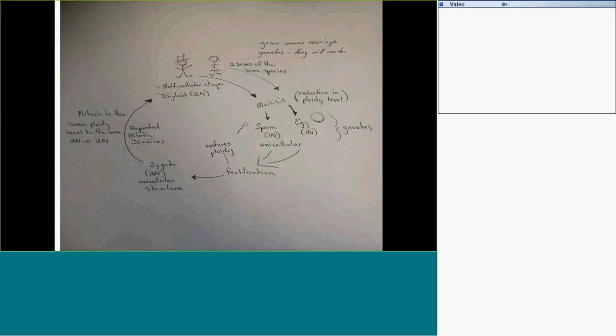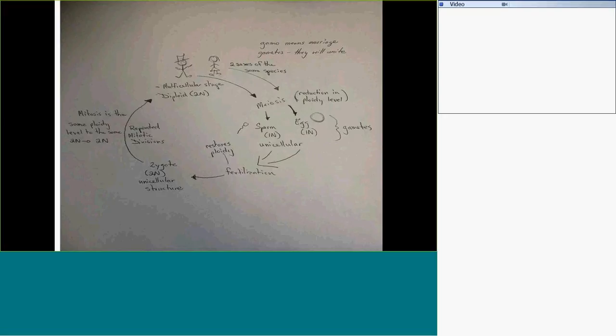Two sexes of the same species shown here through meiosis coming together at fertilization to form a zygote, which would then be 2N, or what we would call diploid. We're going from haploid back to the diploid state, which is two sets of chromosomes.